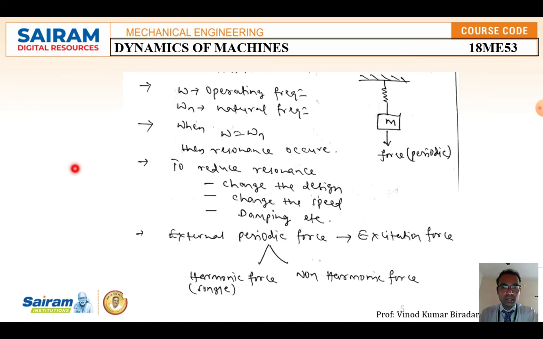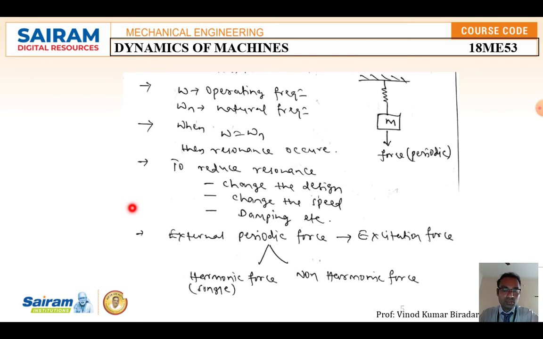Here there are two types of forces. One is the external periodic force, which we apply externally, and it is called the excitation force. I will use this term repeatedly while solving problems, so just remember that excitation force is nothing but the external force.